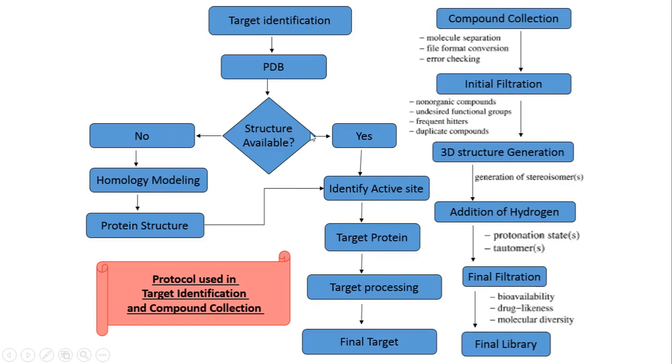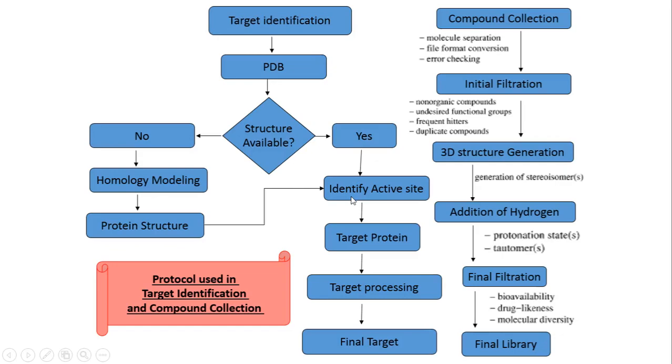Of course, you would have two ways over here. It is entirely possible that the structure has been solved. If that is the case, you further proceed to identify the active site of the drug target, or you can say you are supposed to identify a place in your drug target, a protein, where your compound, or whatever compound you have designed, might go and attach. That place is called the active site, or we can say that place is called the binding site.